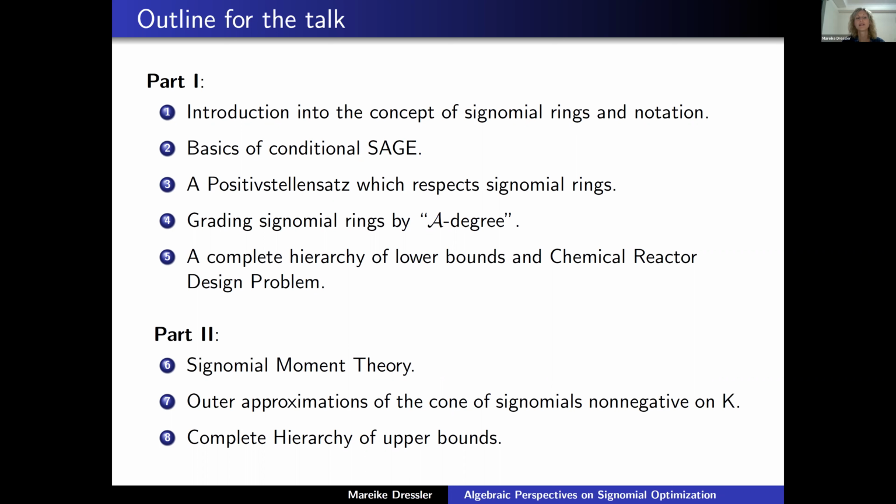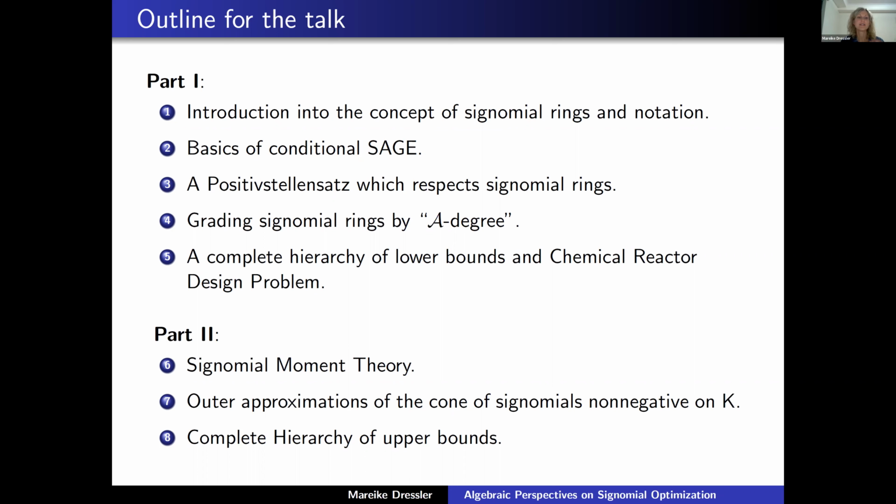And then how one can really grade signomial rings by something we introduced as a degree. And from that, we will see we can get a complete hierarchy of lower bounds that approach the optimal value of our signomial programming problem. And I will show you our theory in action, namely on a chemical reactor design problem.